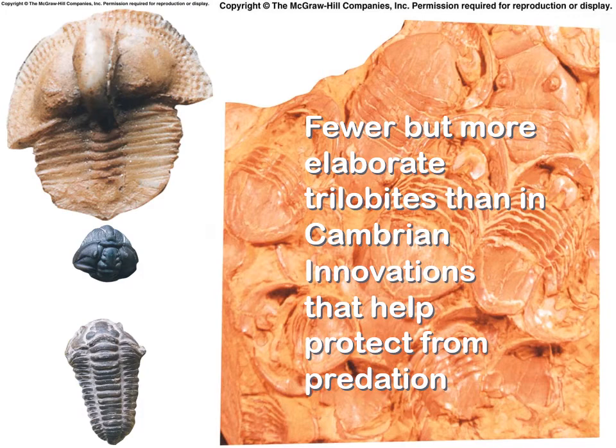A lot of the distinctions that we see from them are innovations that help protect them from predation. For example, even looking at the trilobites that we have here, you can see that this particular type, which we call Cryptolithus, has this kind of lacy brim around its cephalon.